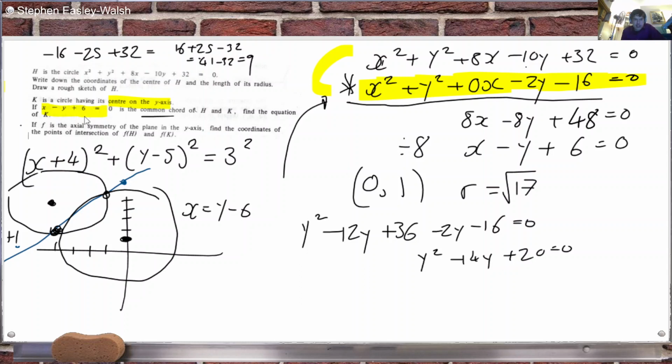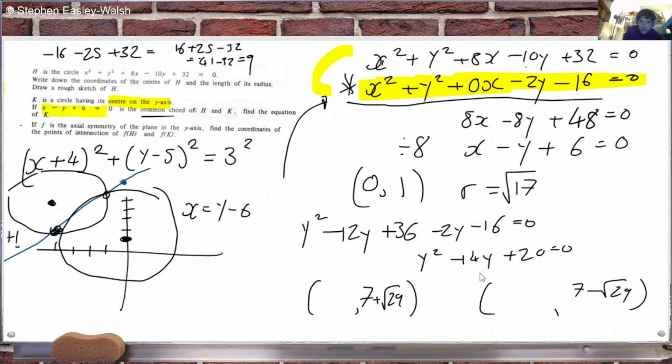So x is y minus 6, so x squared will be y squared minus 12y plus 36, and then minus 2y minus 16. So that's definitely minus 14, and then definitely 20. So I'm not satisfied that there's surds here. So we've got for y, 7 plus root 29, and then 7 minus root 29.